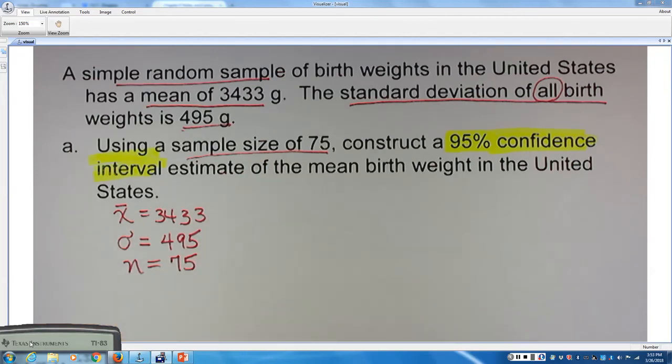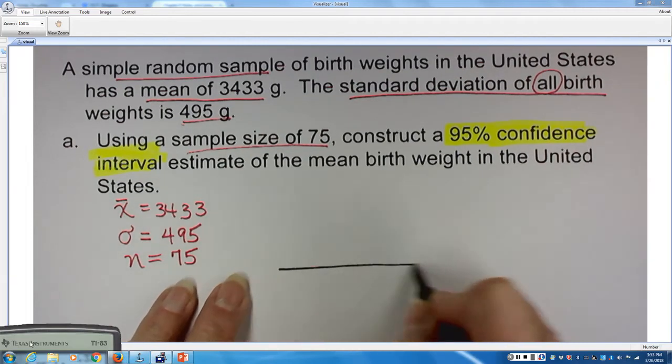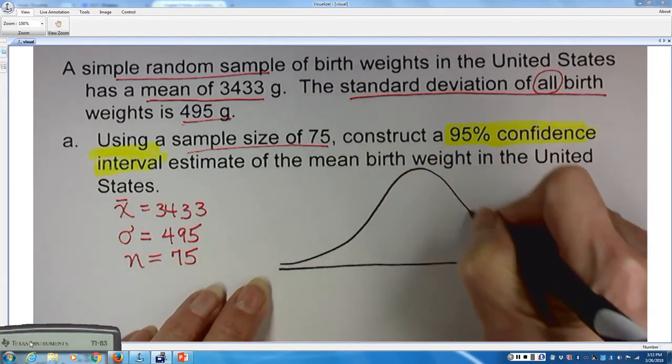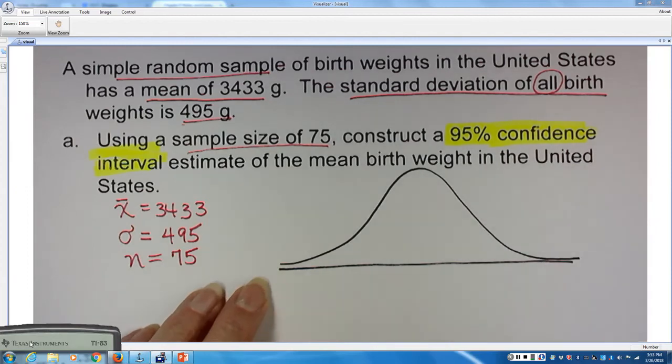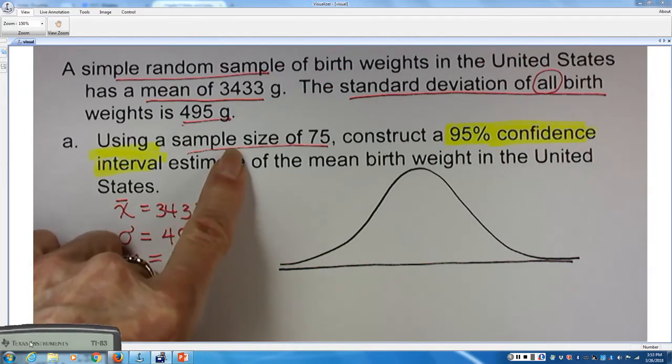So we take the information we have and we make the assumption that these means are normally distributed because they should be with a sample that big.